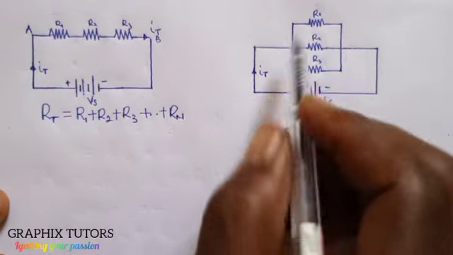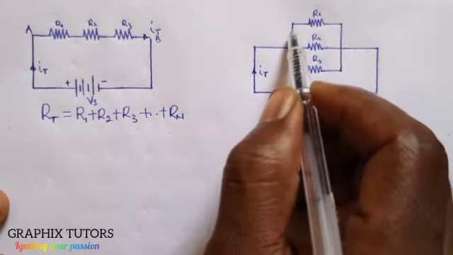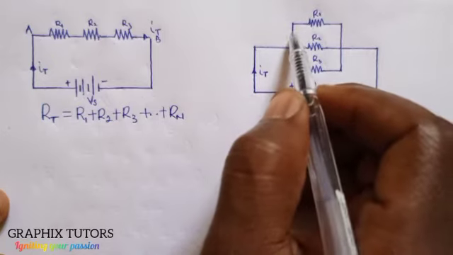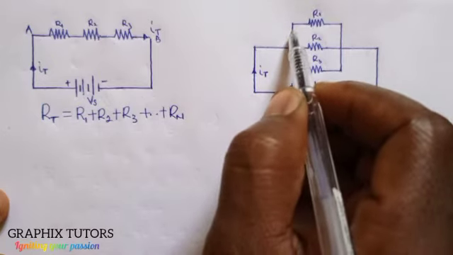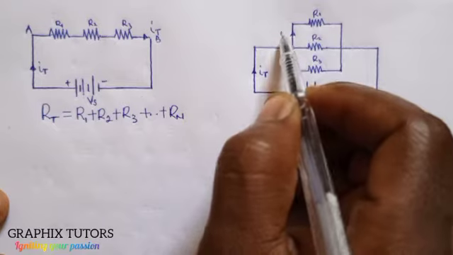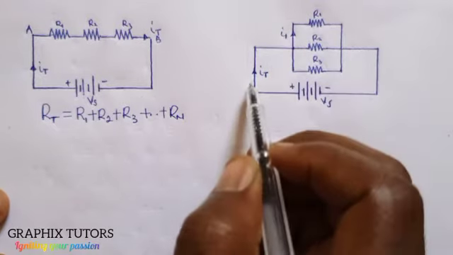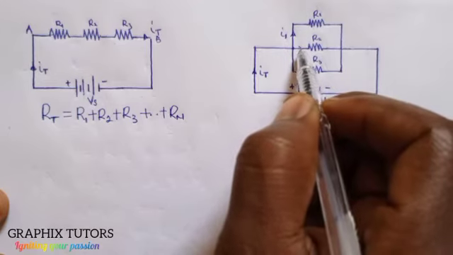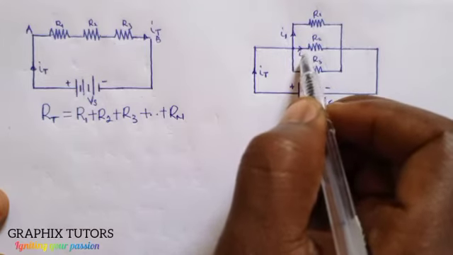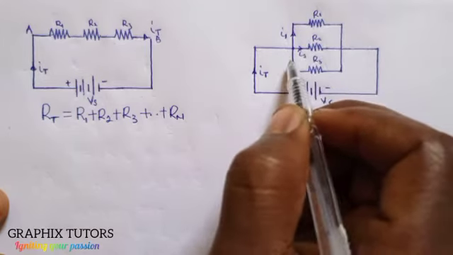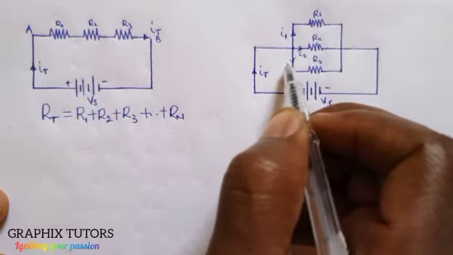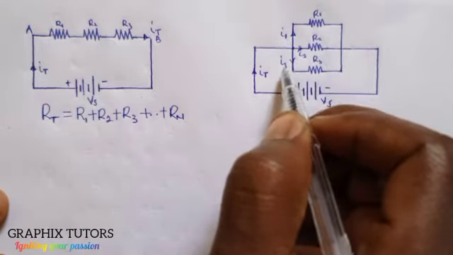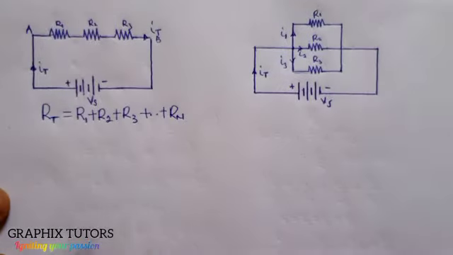So at this point here, I total will give me I1 going through R1. At this point here, this will give me I2 going through R2. At this point here, this will give me I3 going through R3.